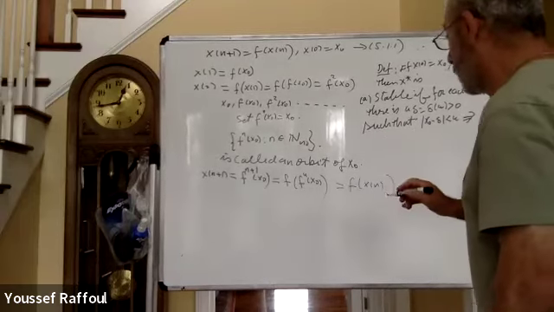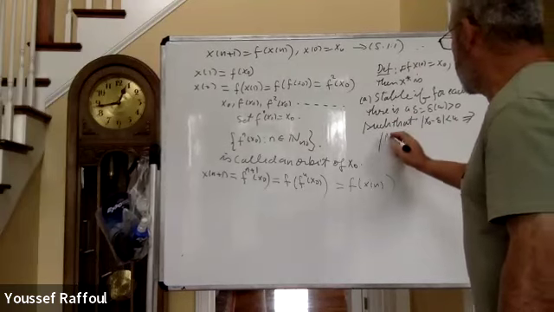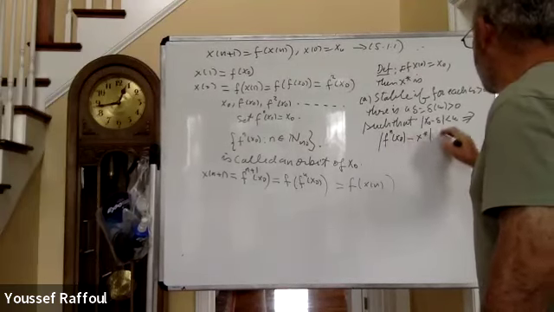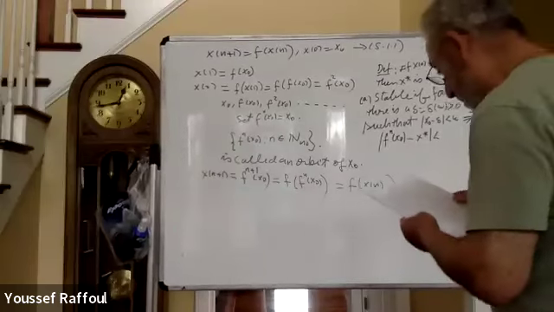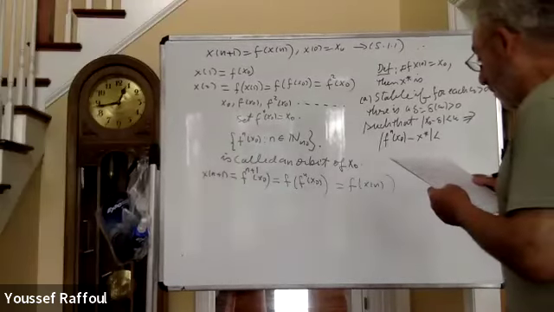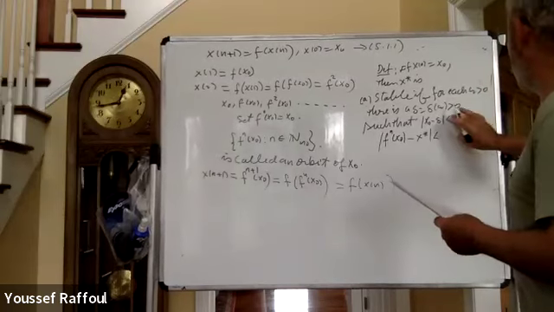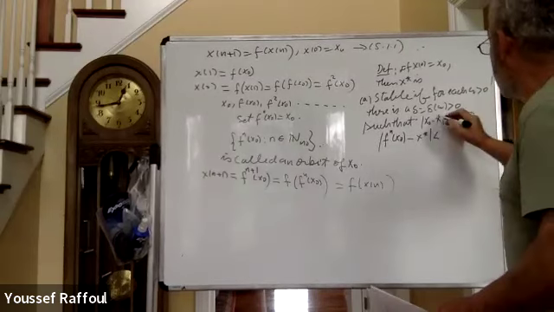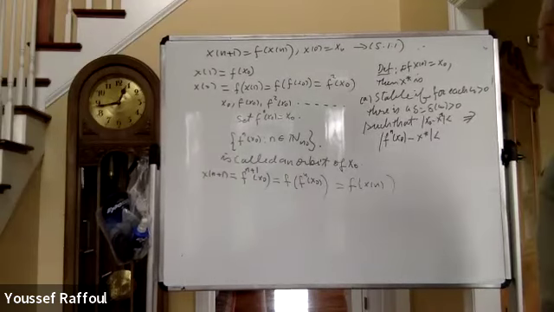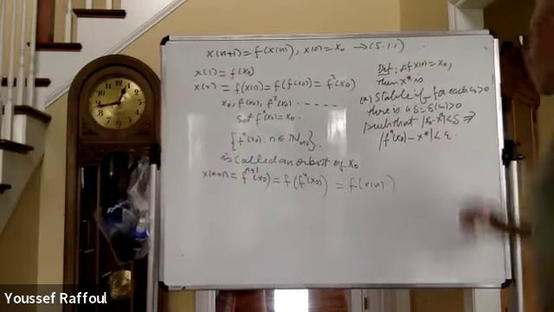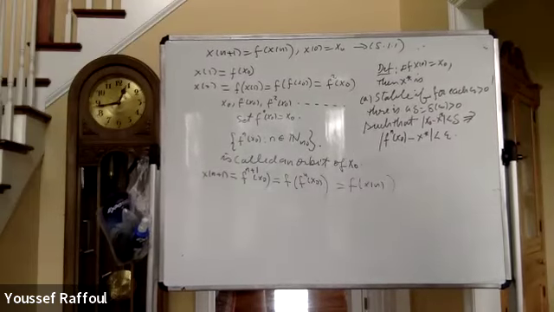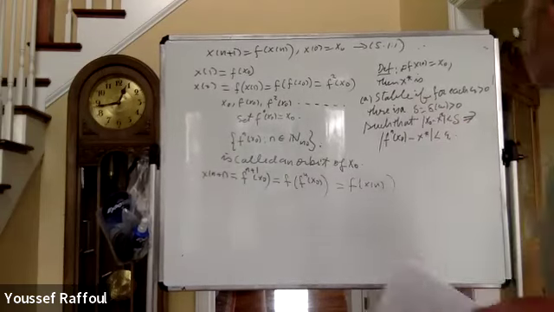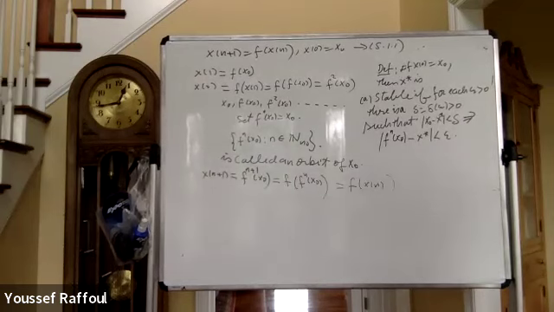Sorry, this is x_0 minus x*, less than delta, and this implies this is less than epsilon. There is a delta that depends on epsilon, okay?